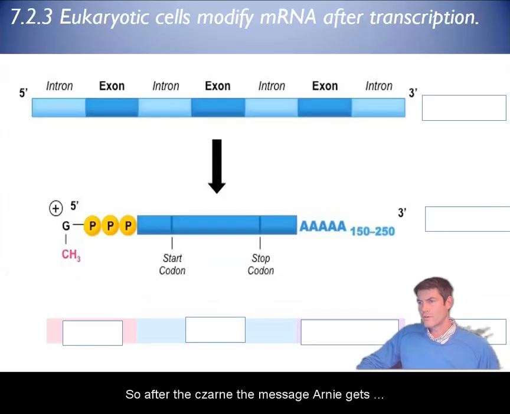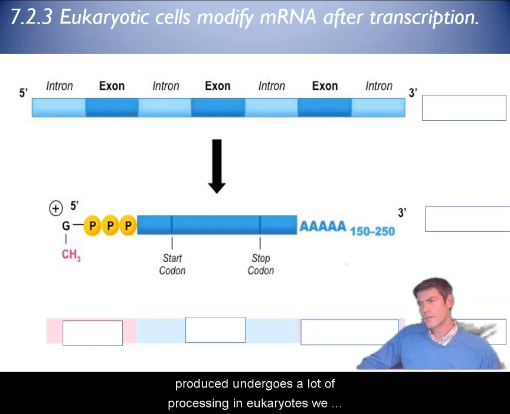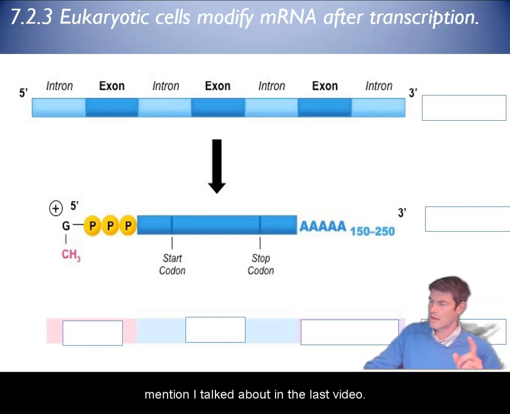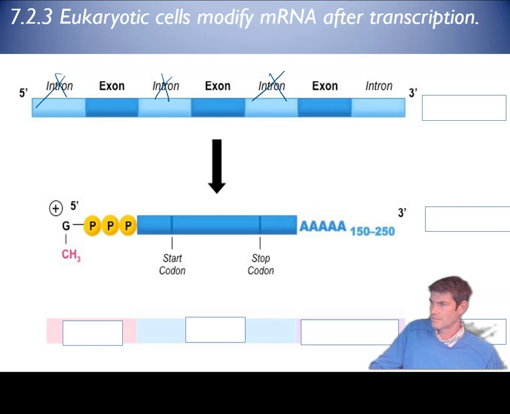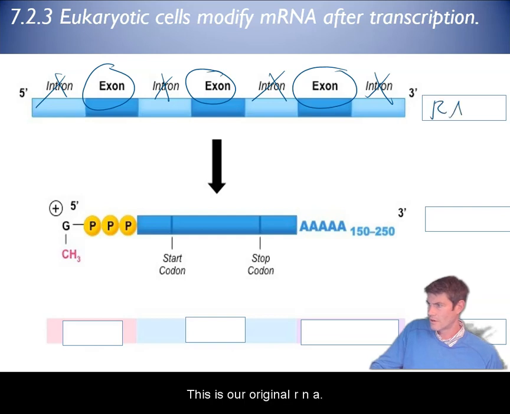So after the messenger RNA gets produced, it undergoes a lot of processing in eukaryotes. And I talked about in the last video, we have these exons and introns. Remember, the introns are not used, so they get cut out. The exons go into that final product. So this is our original RNA.